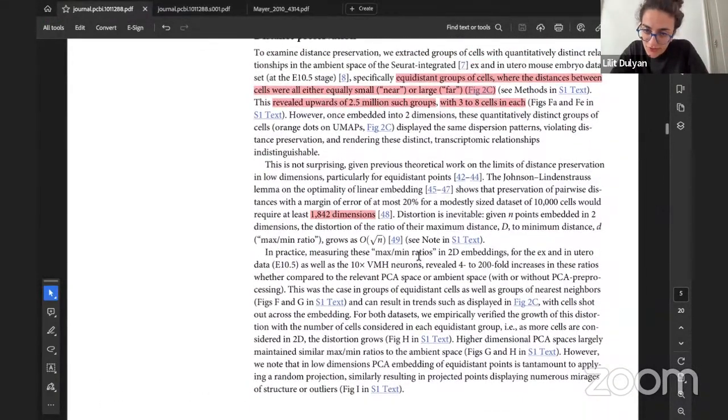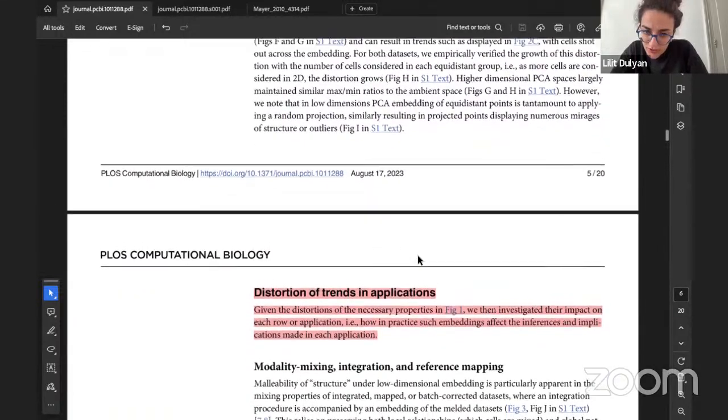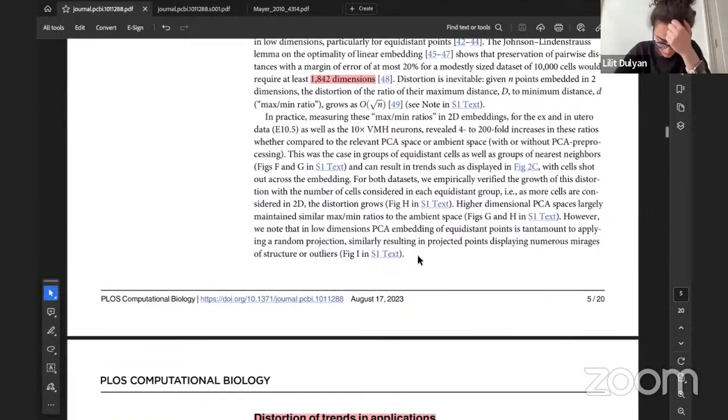So yeah, this is very surprising because basically nothing is preserved based on this paper, while at the same time UMAP, for example, is advertised otherwise, right? And also we see a lot of examples where it seems that there is preservation of local and global structures.